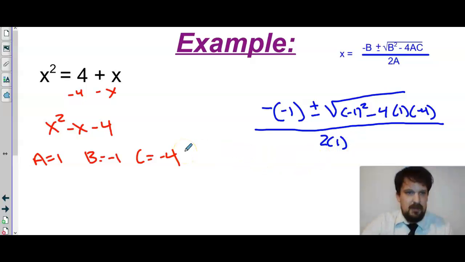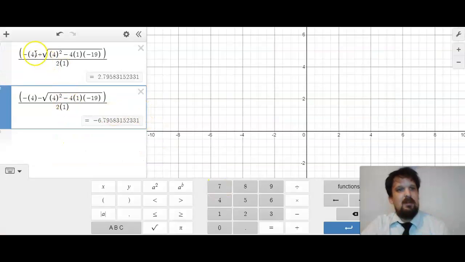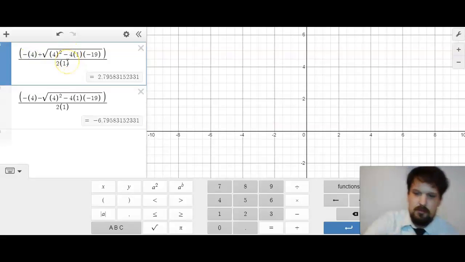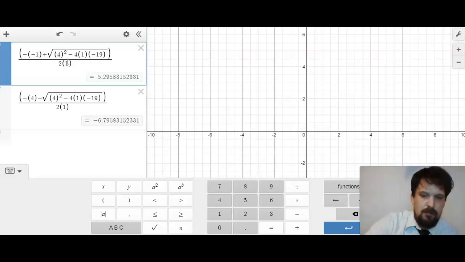All right, so let's go back into my calculator. And now, instead of writing them all over again, I'm just going to put them in. So we got negative 1, plus or minus negative 1 squared, minus 4 times a. A was 1. C in this case was negative 13, I believe, right?